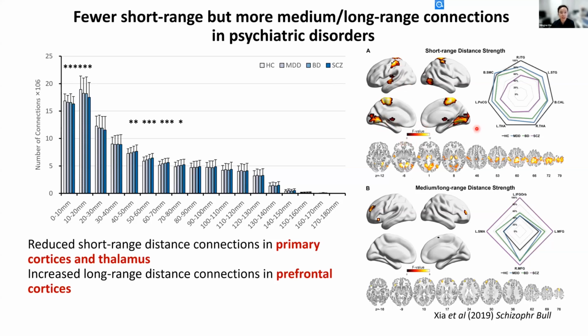In contrast, the number of long-range connections was increased and mainly connected to the prefrontal cortex, which is a brain region in charge of some high-order cognitive functions. These unbalanced alterations may contribute to the randomized network configuration.